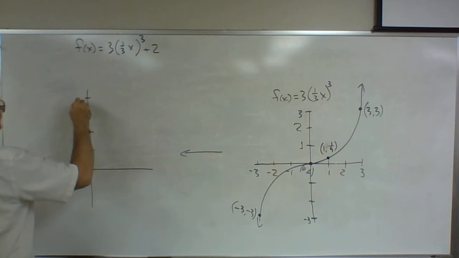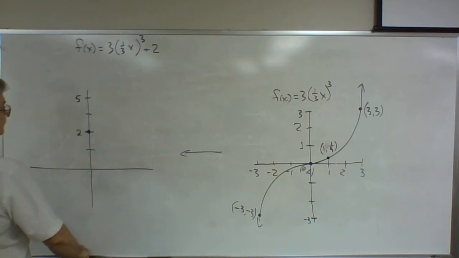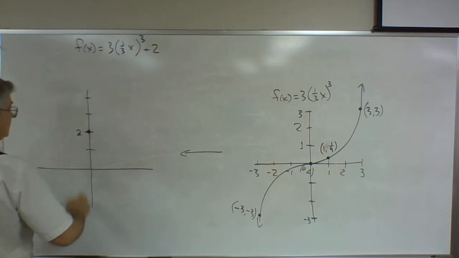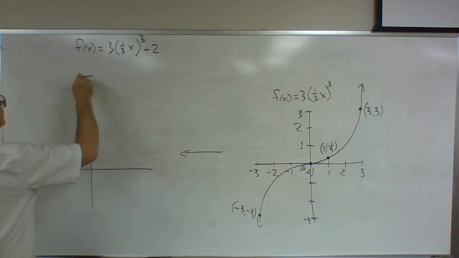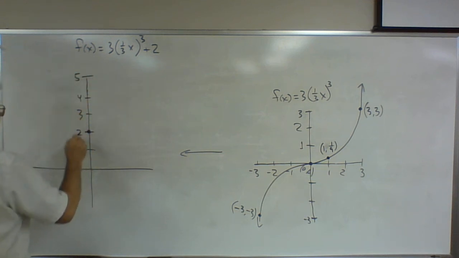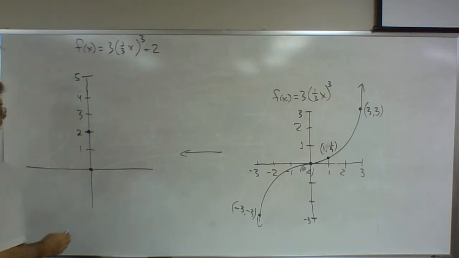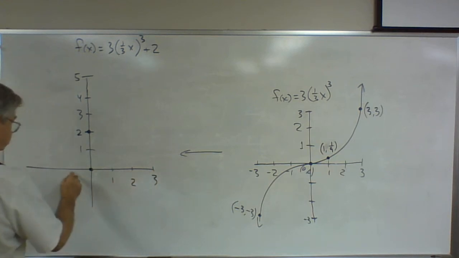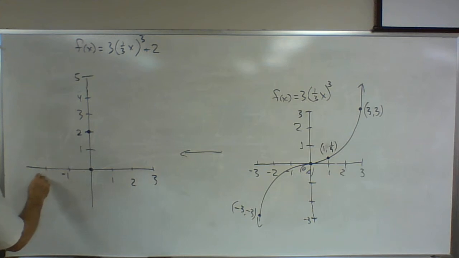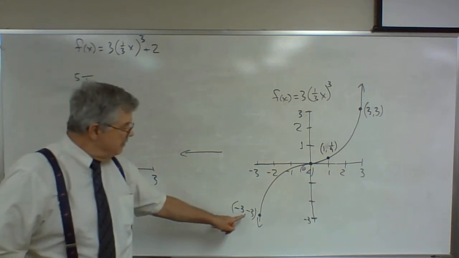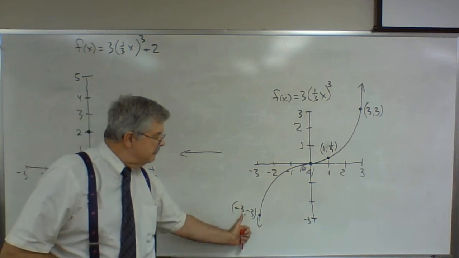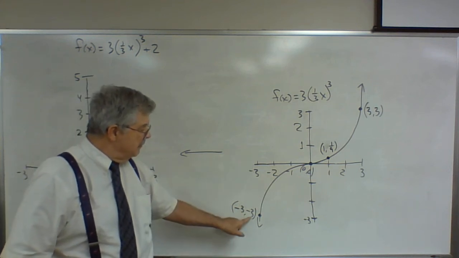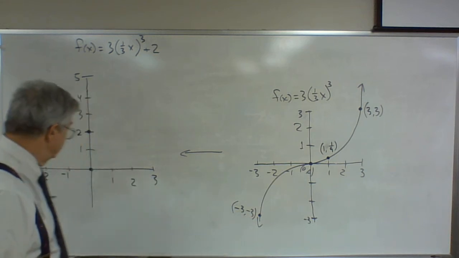Here's my function. Point -3 gets jacked up 2 units, so the y coordinate will be -1.